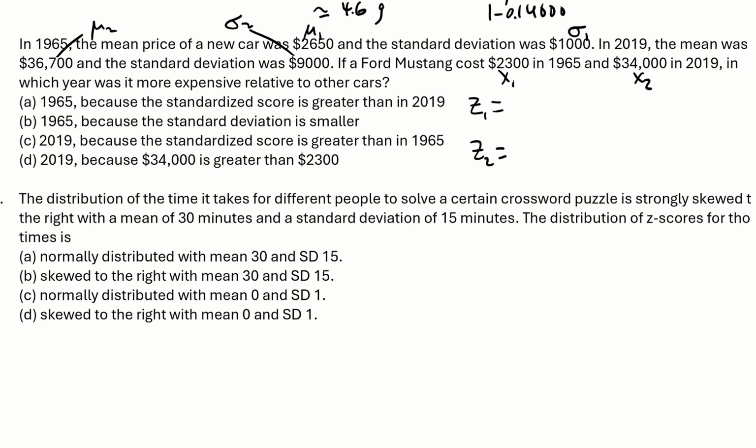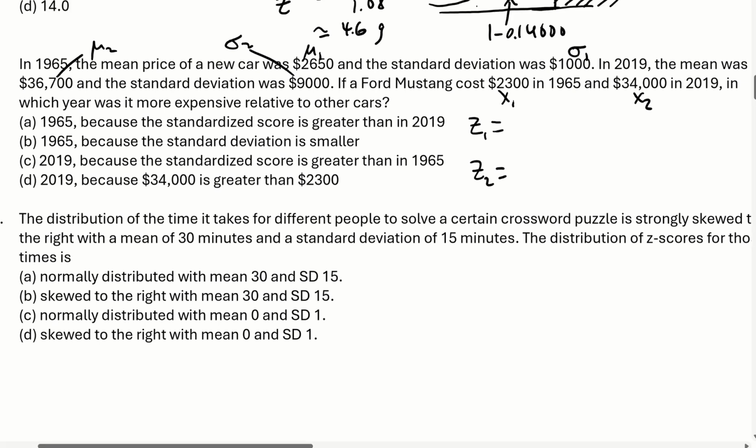Remember, the formula for z is all right here. z is x minus mu divided by sigma, right? So we're going to plug that in. z1 is equal to x1 minus mu1, so we've got 2,300 minus 2,650 divided by 1,000.